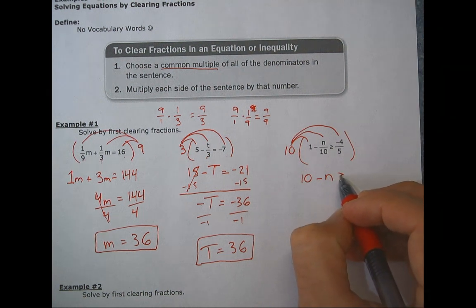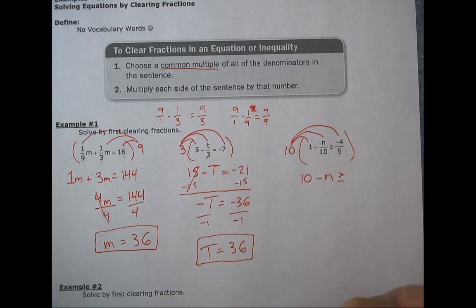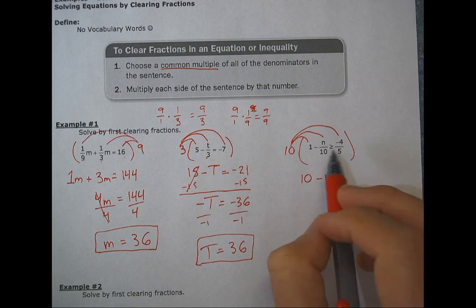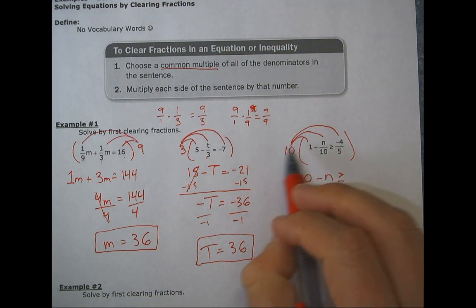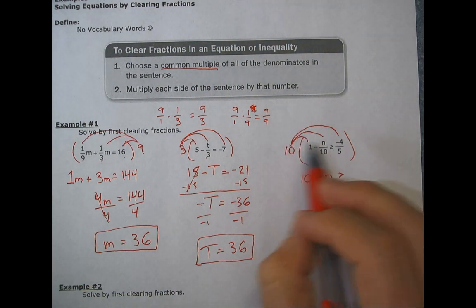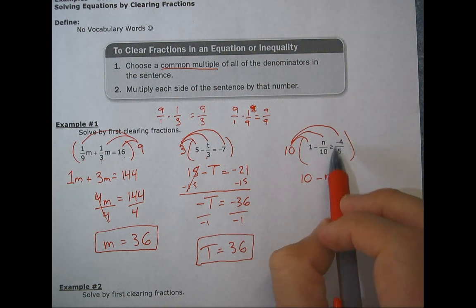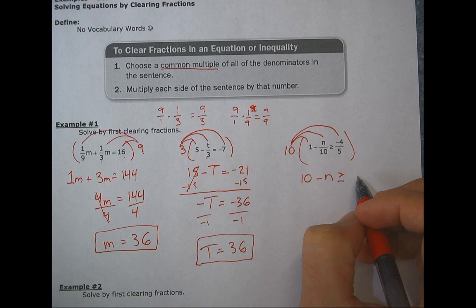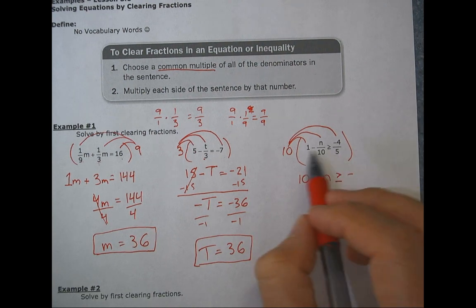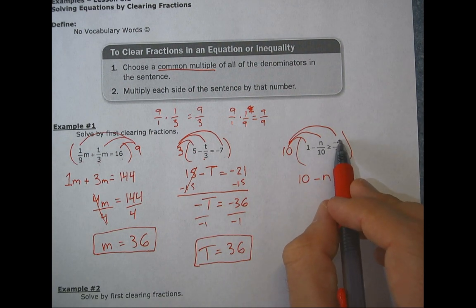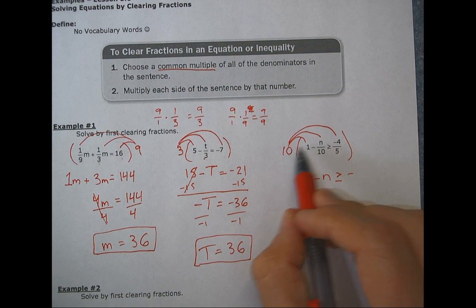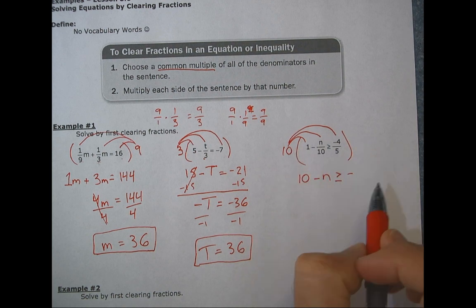Now this is an inequality. Notice I didn't multiply anything by a negative, so I'm not going to flip it. If you, for some reason, chose to multiply everything by a negative number, you'd have to flip it. Okay, and now I'm going to multiply here. It's going to be a negative number. Here's how you handle it when you got a number that's not 1 on the top. You can do 10 times negative 4 and then divide by 5.